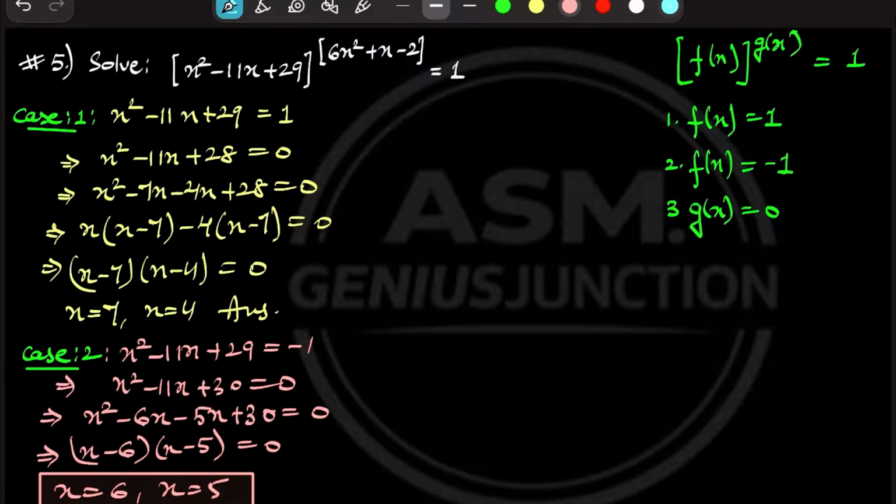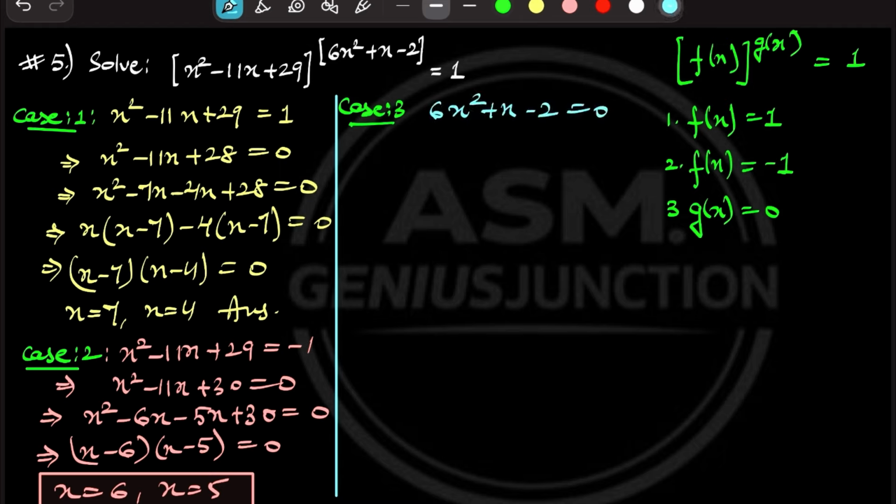Now let's put the exponent 6x square, that is going to be your case number 3, of course, where we are going to put this complete exponent 6x square plus x minus 2 equal to 0. Solving it by using middle term splitting, I need two numbers whose product is minus 12.